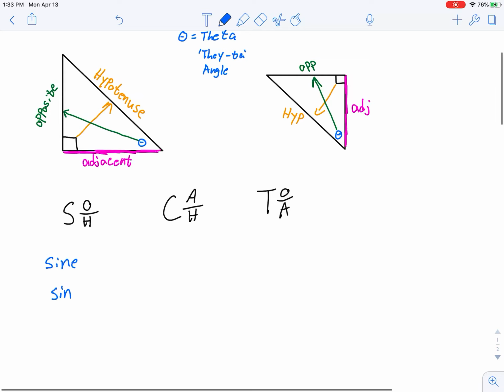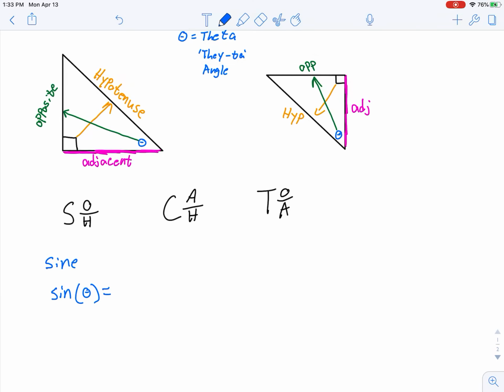So the sine, and right next to sine, this is how we set up the equation. We have parentheses, and our angle always goes inside our parentheses. Okay, so I'm using theta to represent our angle. And that equals, okay, a ratio.